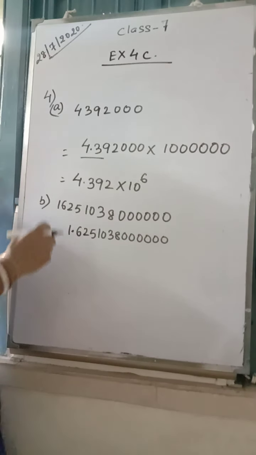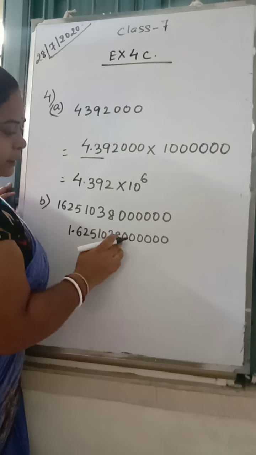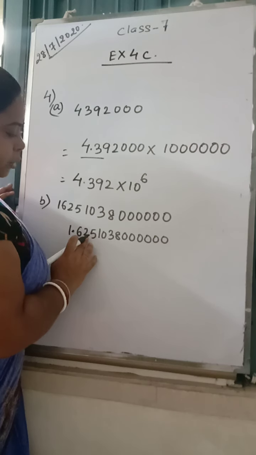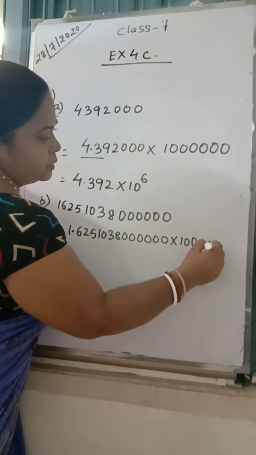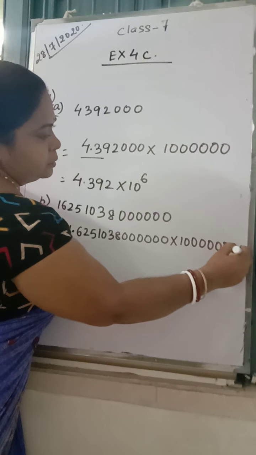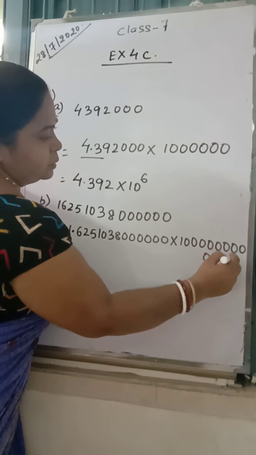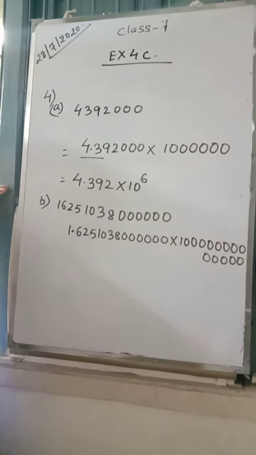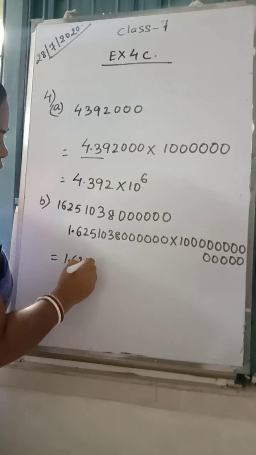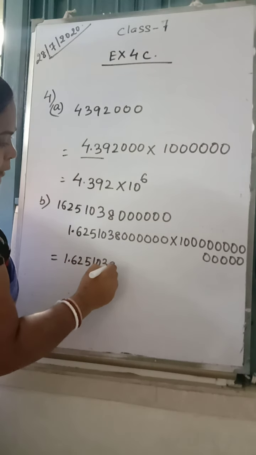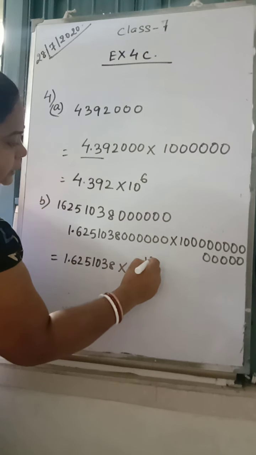After how many digits did I place the decimal? 1, 2, 3, 6, 9, 12 and 1, 13. So if I write 1 then 13 zeros, I will have the same value. Or I can write it 1.6251038 into 10 to the power 13.